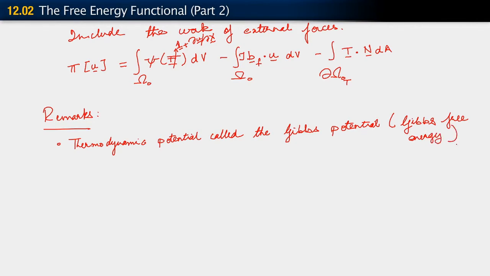The other thing you note is that this gives us the energy in the body, but mathematically speaking, this object that we've written, pi, depending upon u, is not a function. It is a functional.